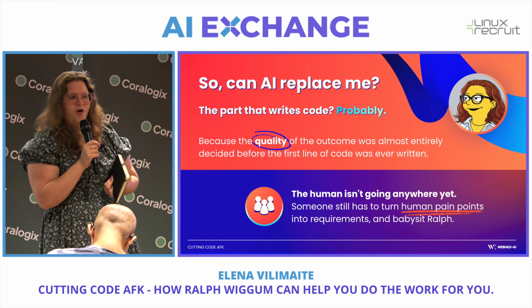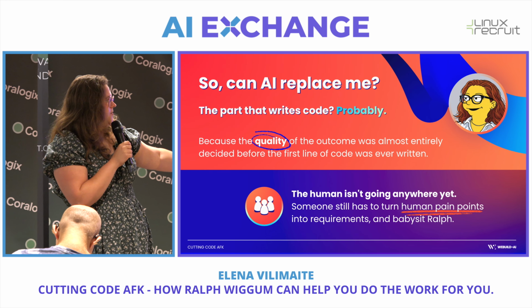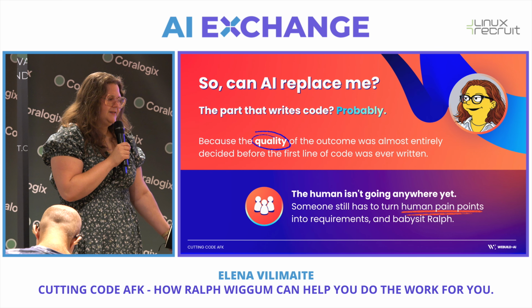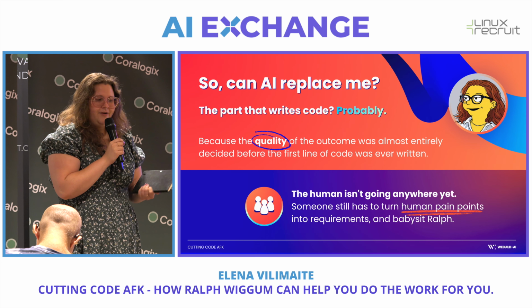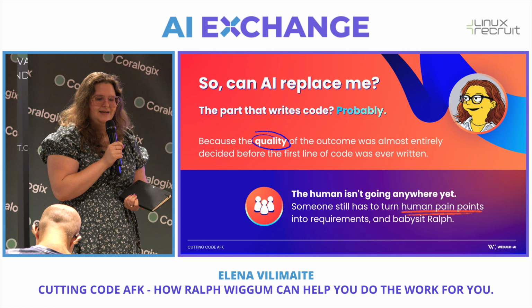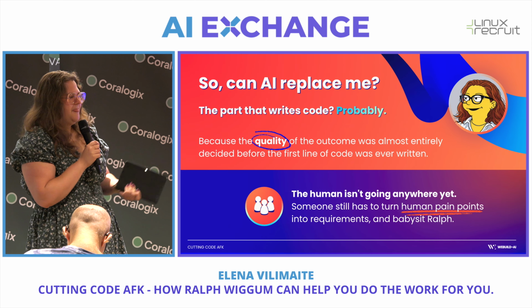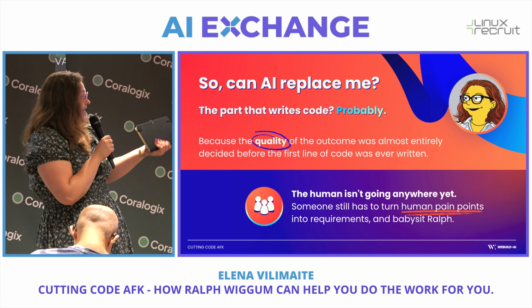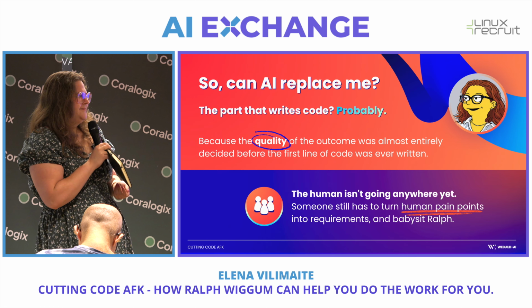But I think the true job of a software engineer is someone that takes human pain points and turns them into requirements. We tried getting Claude to write requirements for us. It skipped it. You still have to go and speak to people. That part will still remain, and someone needs to review those massive pull requests that are being spat out now.